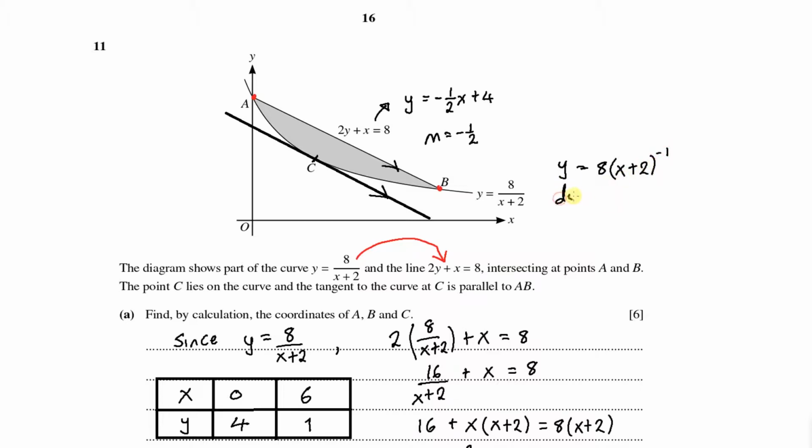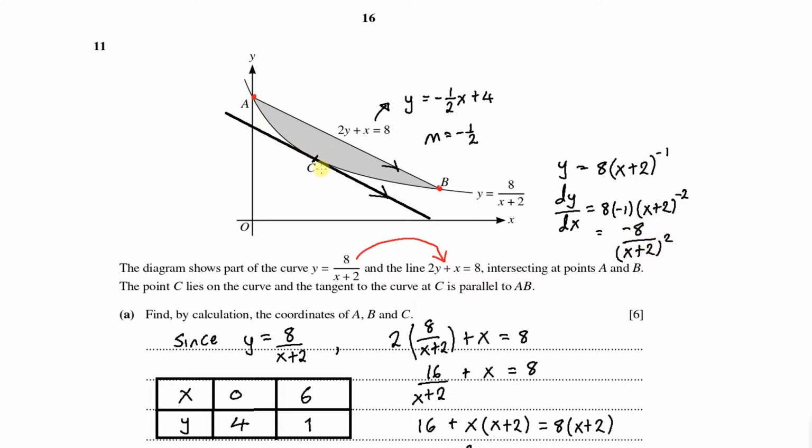So the gradient function of the curve is equal to 8 times minus 1 times x plus 2 to the power of minus 2, which is minus 8 over x plus 2 squared. So this is the gradient function of the curve.